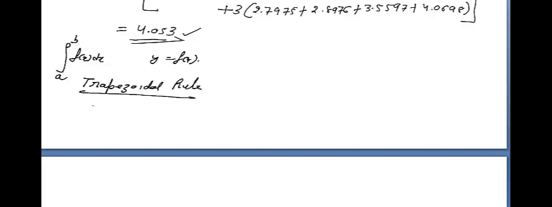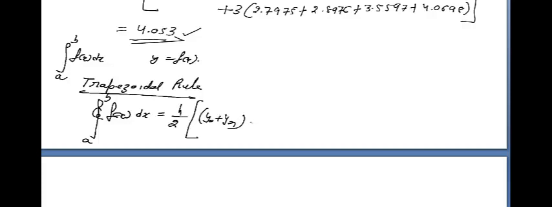The formula for the trapezoidal rule is: integration from a to b of f(x) dx is equal to h by 2. H you have to decide, we have discussed it many times. The starting and end values are added once and all other values twice: y1, y2 and so on up to y(n-1). So this is the trapezoidal rule.